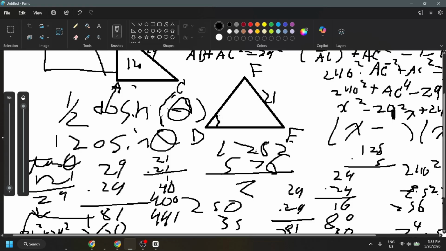Do any squares end in 2? No, they don't.